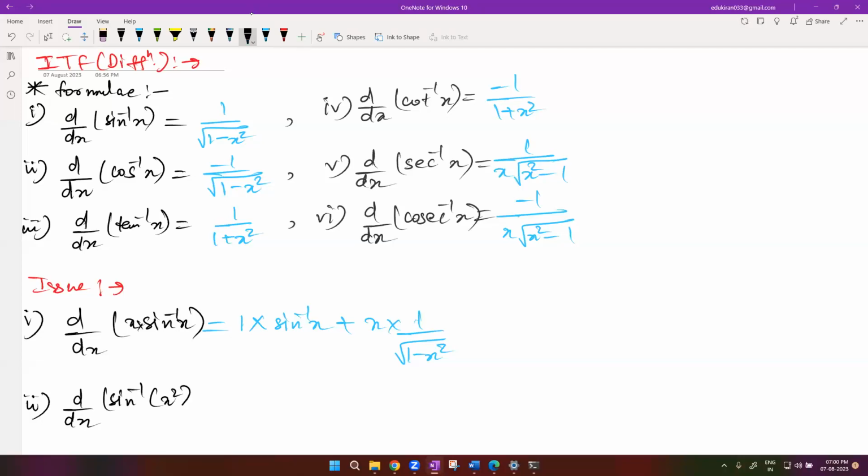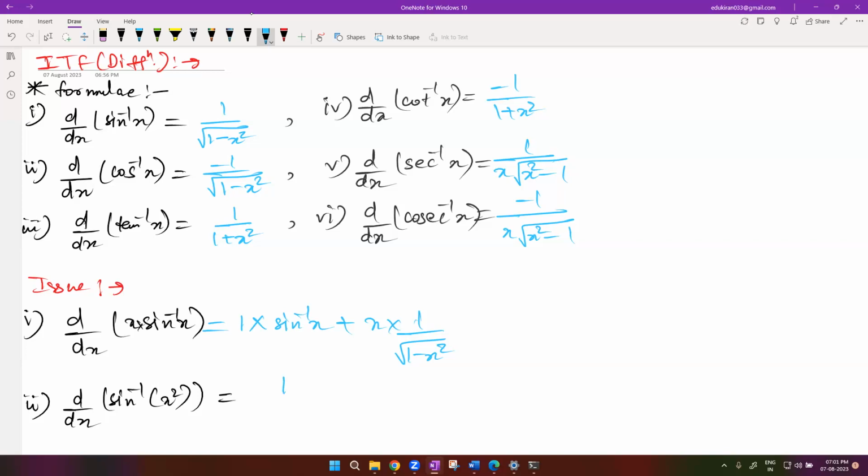trigonometric function. So we can write differentiation. We want to know the differentiation of sine inverse x square now, not x. Now, if we have this problem, then we do know the solution. We will apply chain rule, because we know the differentiation of sine inverse x, but we don't know the differentiation of sine inverse x square. First, we will differentiate sine inverse.